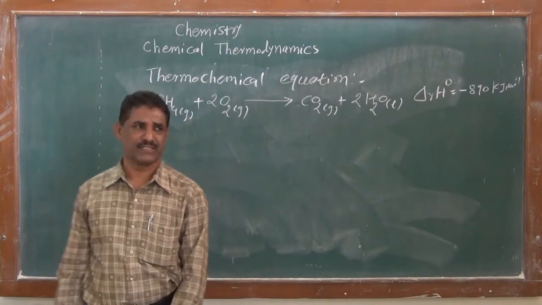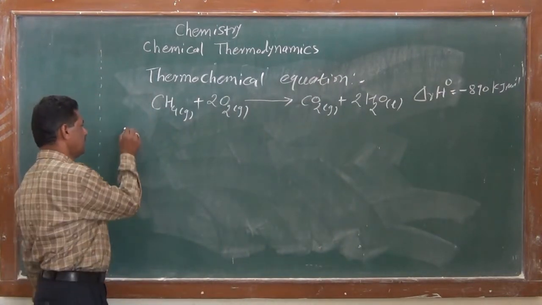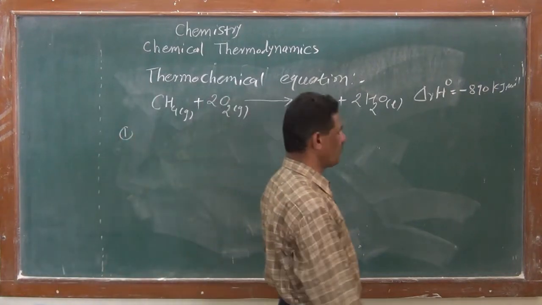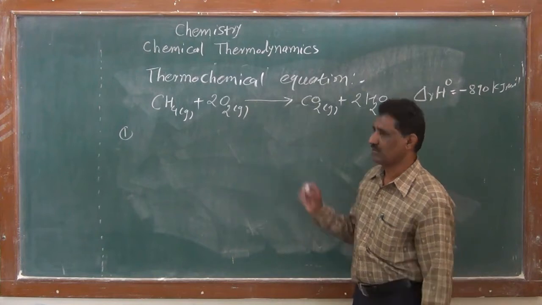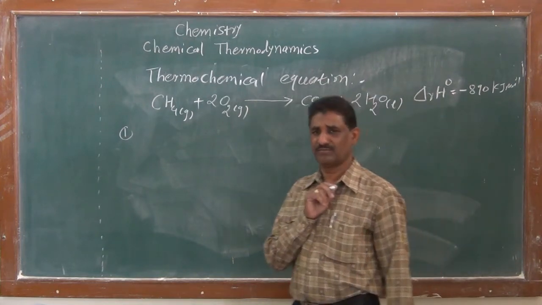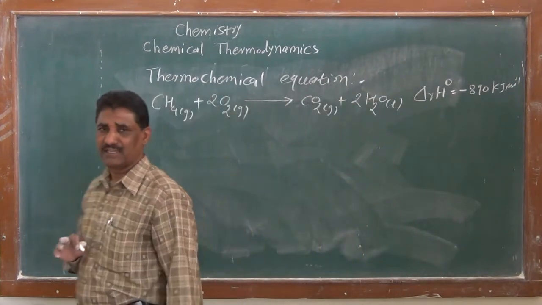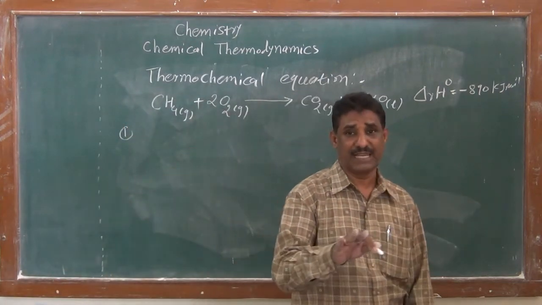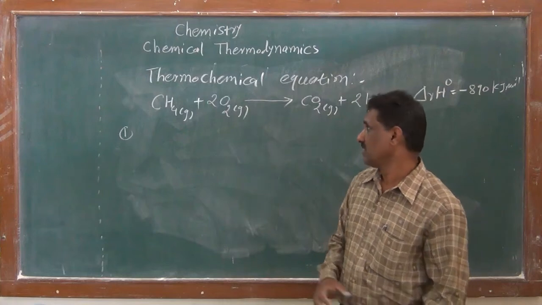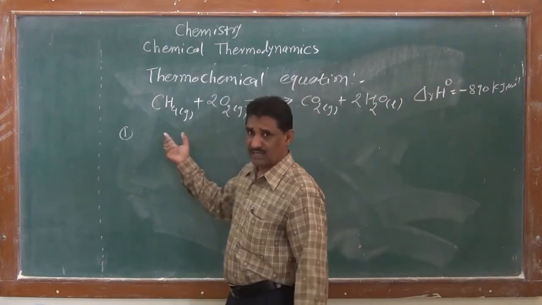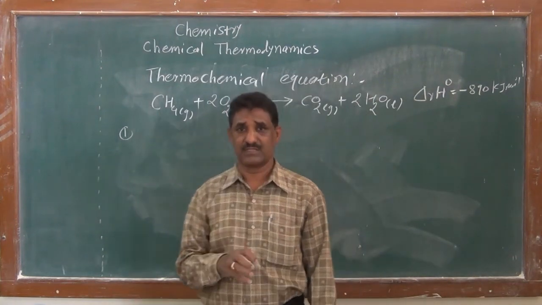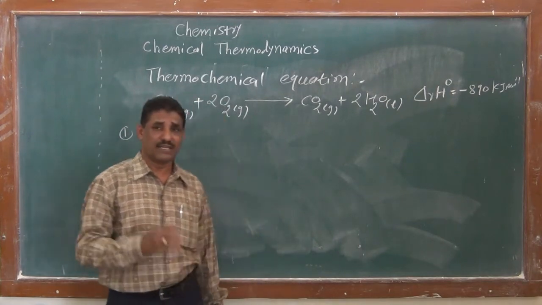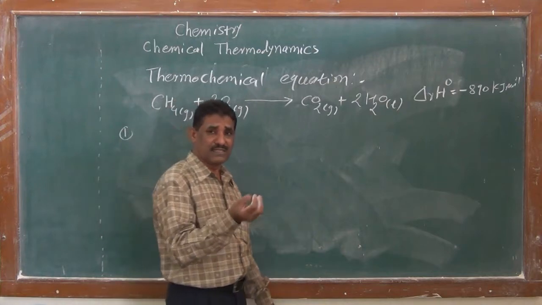Here in this reaction, this is the general equation. Methane is a reactant with oxygen to form carbon dioxide and water. First, write the balanced chemical equation. The balanced chemical equation means the number of atoms in the reactants is equal to the number of atoms in the products.